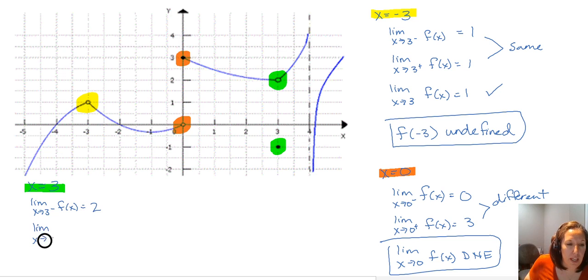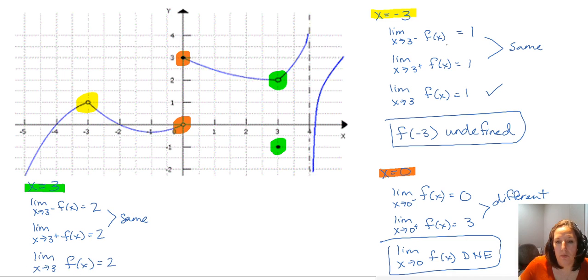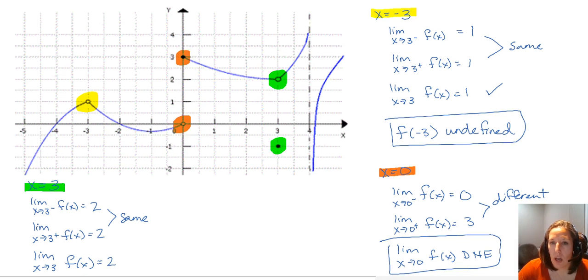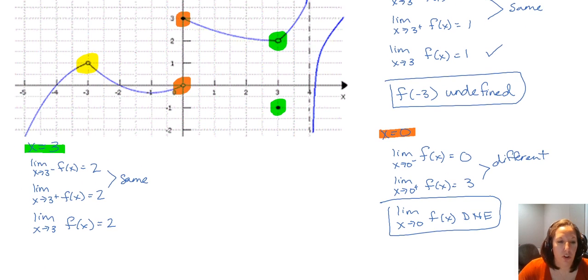The limit as x approaches 3 from the right is also approaching 2. Those are the same, so the limit as x approaches 3 in general for our function is equal to 2. That's a finite number, so we can check off that first criterion.